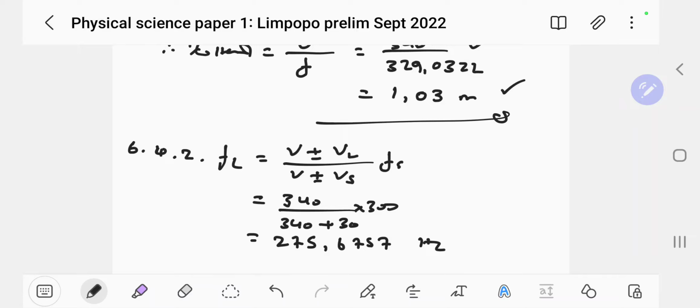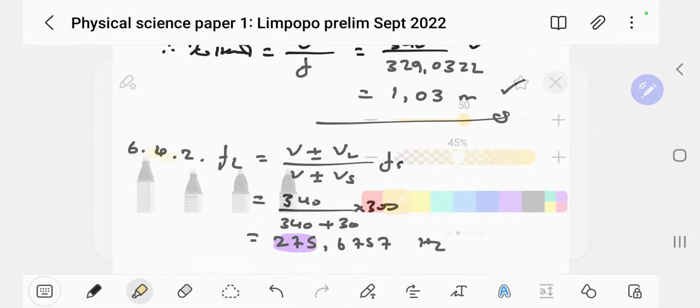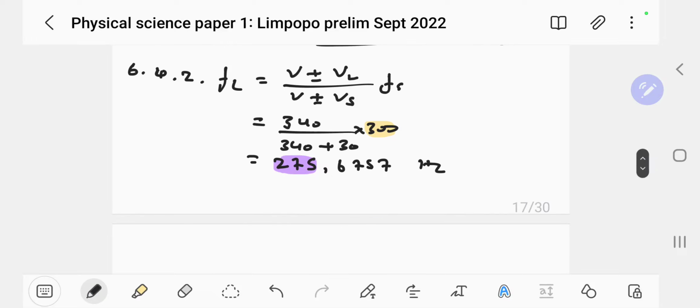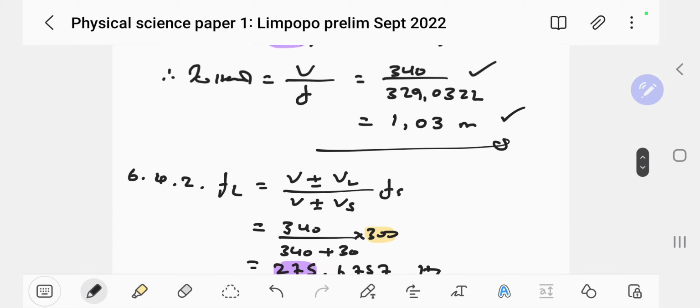That is the frequency, and you can already tell that this frequency compared to the previous one is less, and it makes sense because the source is moving away from the listener. So we want the wavelength.